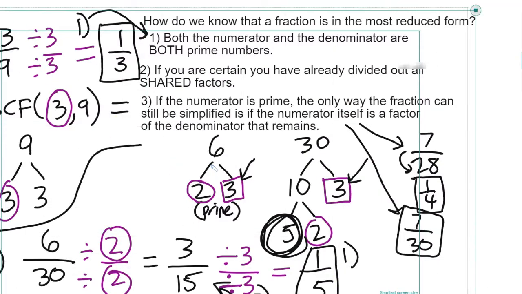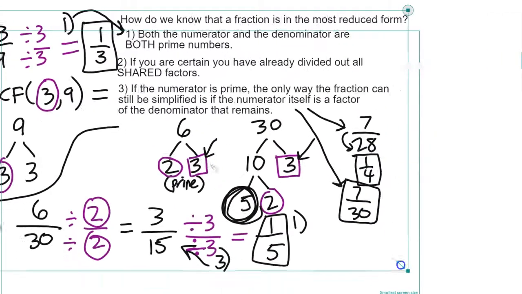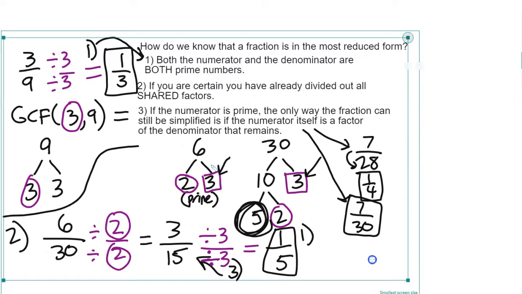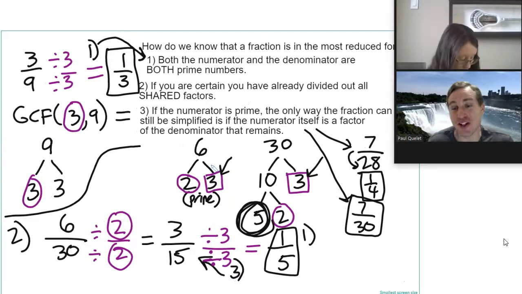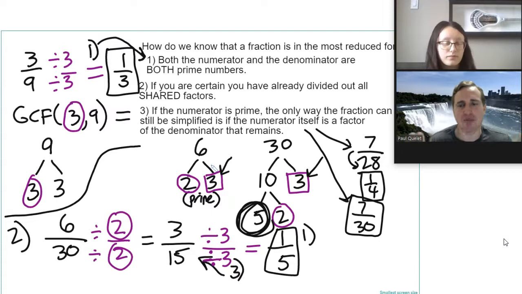Remember from last time, we really spent some time developing this idea of greatest common factor, GCF. We developed this idea because we know a fraction is most reduced when we've divided by the greatest common factor. Remember we went through all this?